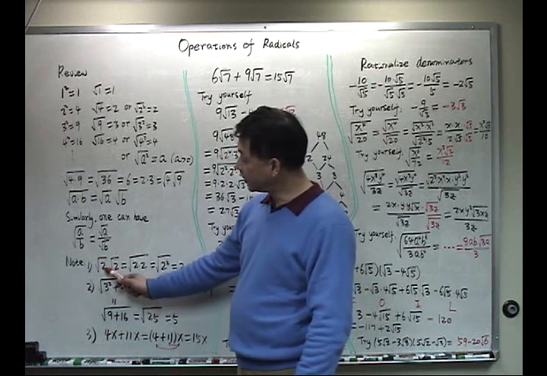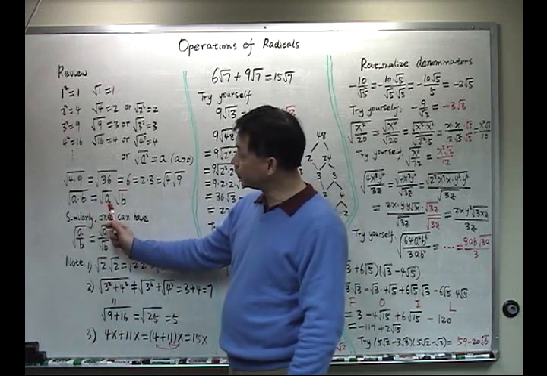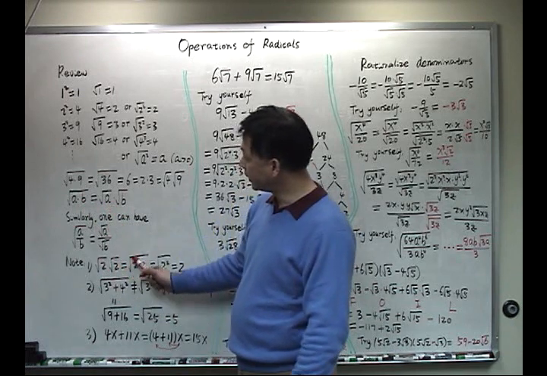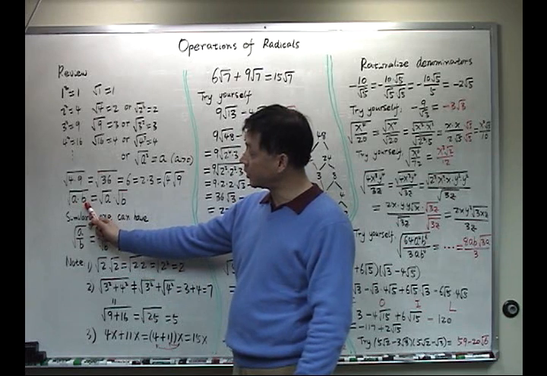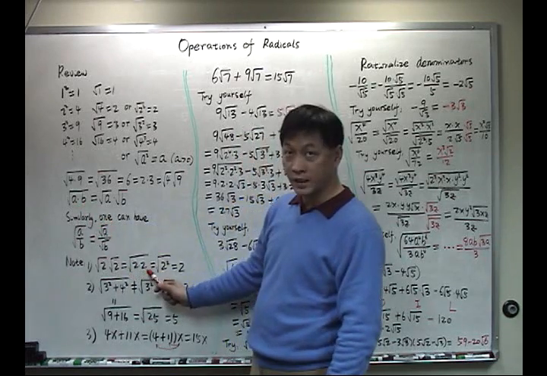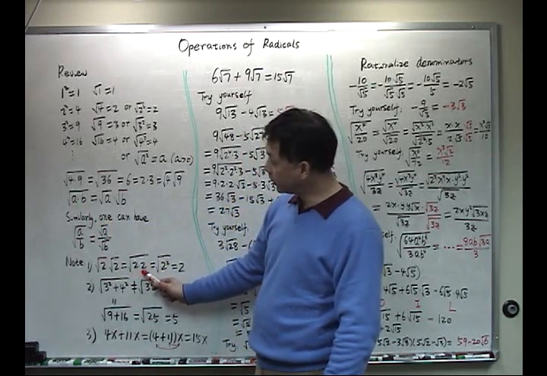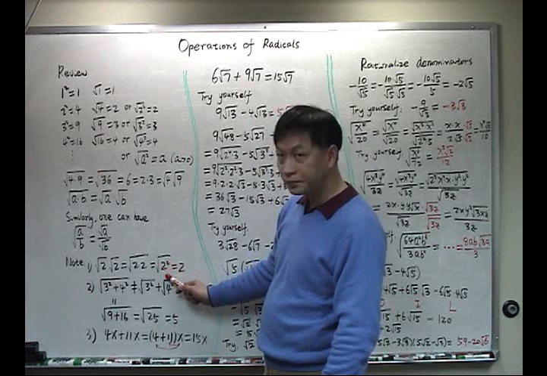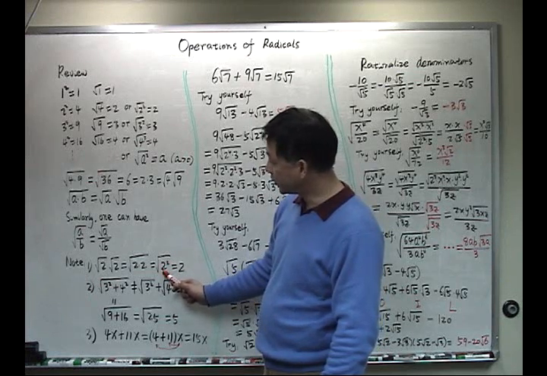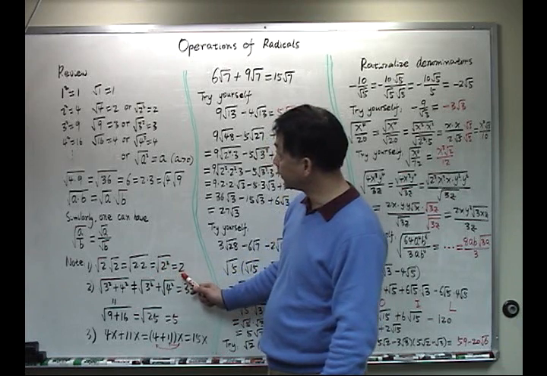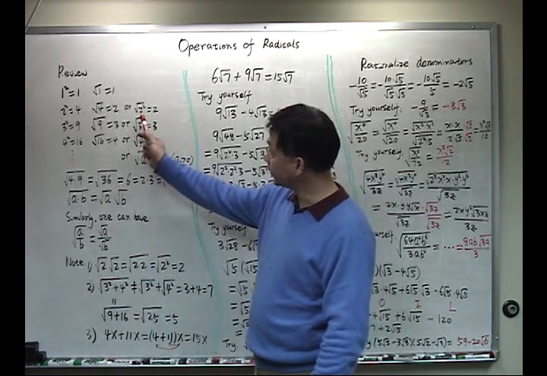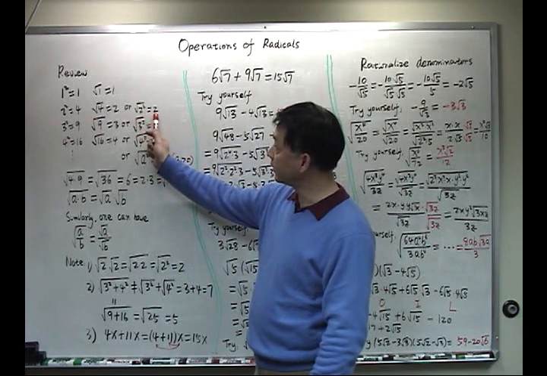Radical 2 times radical 2, based on this rule, equals radical 2 times 2, which is 2 squared under the radical, and radical 2 squared is 2.